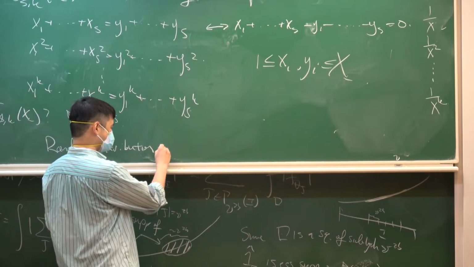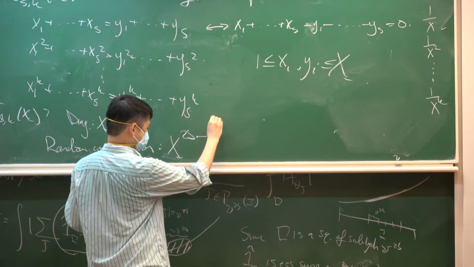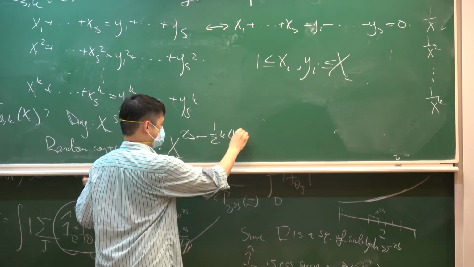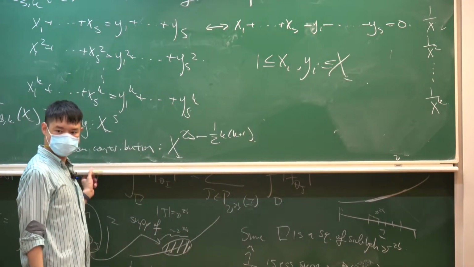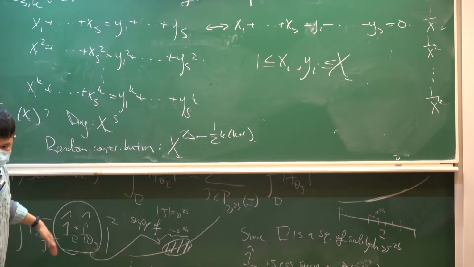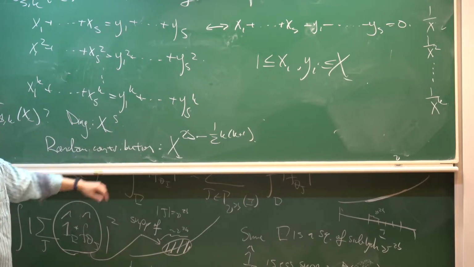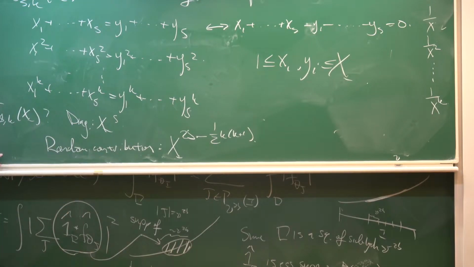So another contribution is x to the 2s minus 1/2 times k times k plus 1. You can make this rigorous by looking at the exponential sum and looking at where the peaks are. But this is how I remember the numerology. This is also how you do back of the envelope calculations to see how many solutions you should have.